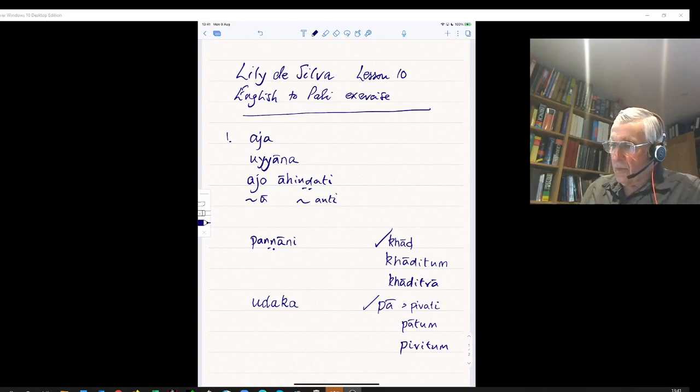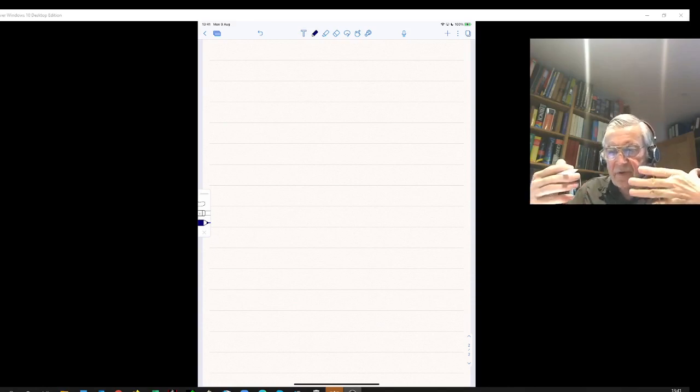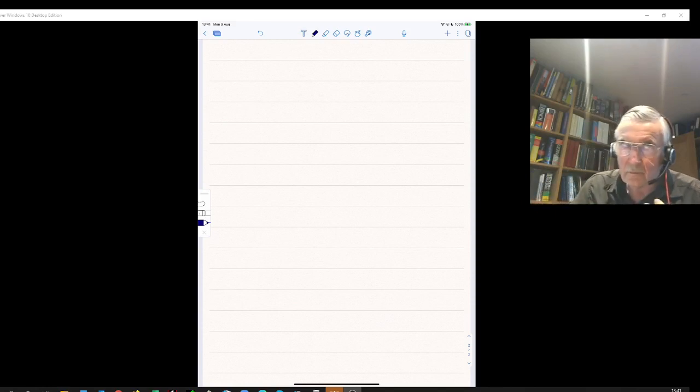So since there are two verbs here, ahindanti and then two more verbs, to eat leaves and to drink water, you can put the first one in the absolutive form.